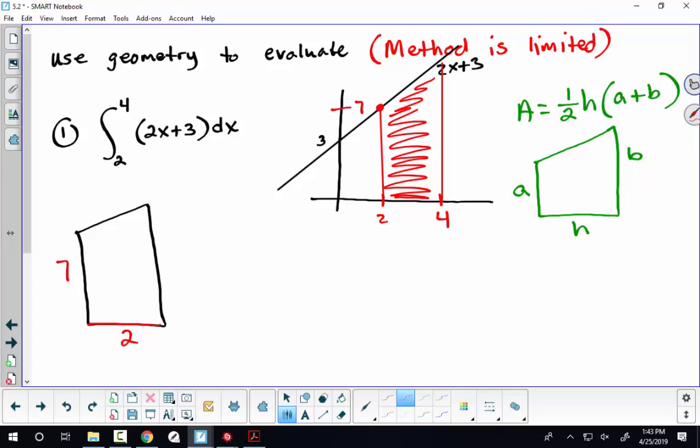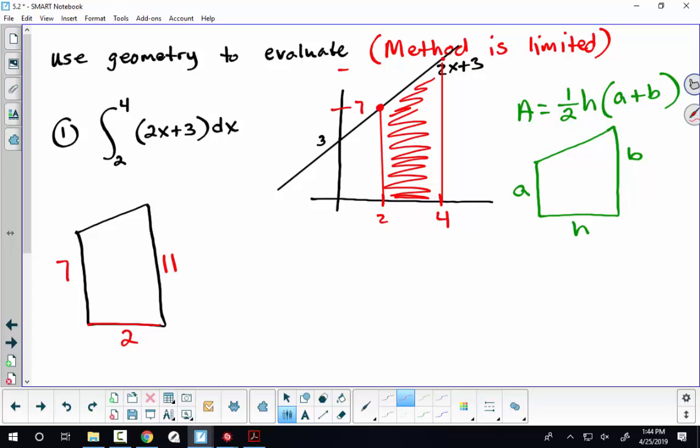And then the length of the right side. 11. Is it 11? Yeah. So again, we're plugging in the x value of 4 into the function to get the height of that side. So then what is the area of this figure?